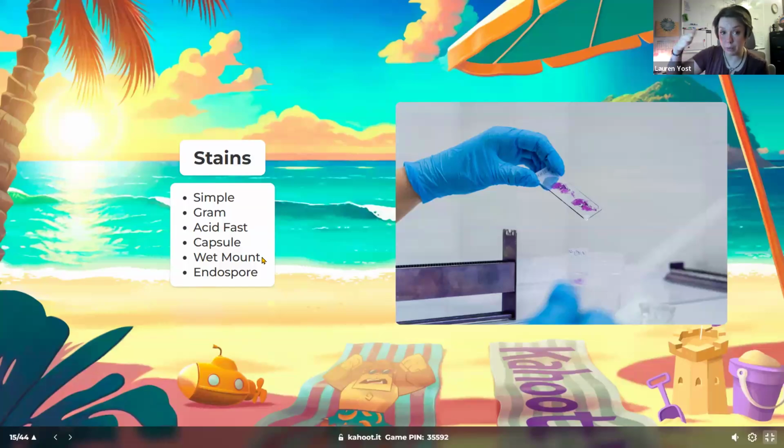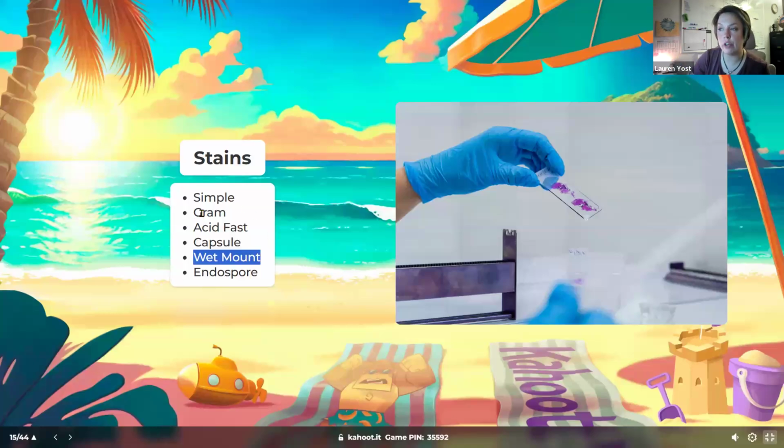If you were able to swim across your microscope view, then you had to have flagella. But if you're just sitting there vibrating, you're probably just getting moved by the water in the slide causing the cells nearby to vibrate. That's Brownian motion, so that's not true motility. It's not really a stain, but it is something we used to differentiate whether you have motility or not. So it is a differential slide preparation, but not really a stain.